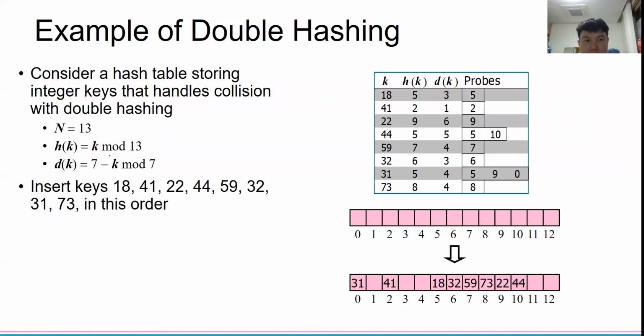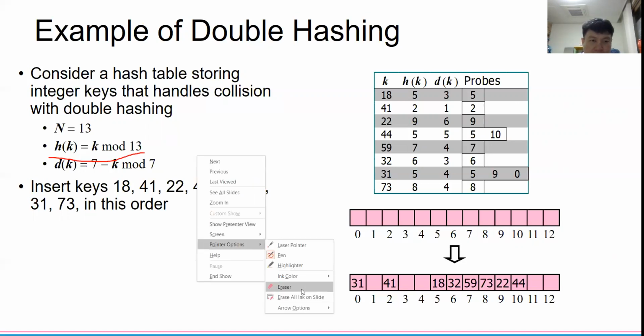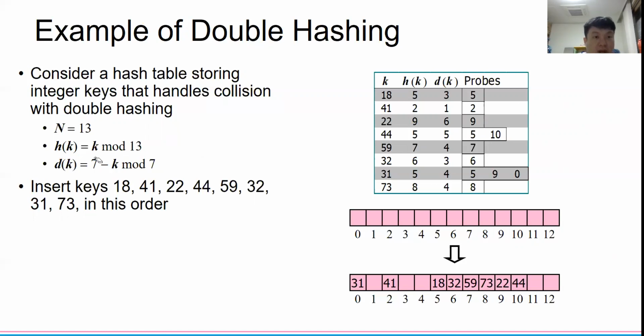In the previous example, we have only this one: k mod 13. But now with double hashing, I would like to do it more efficiently with dk. So this is the secondary function. If there is a collision, then let's use dk.